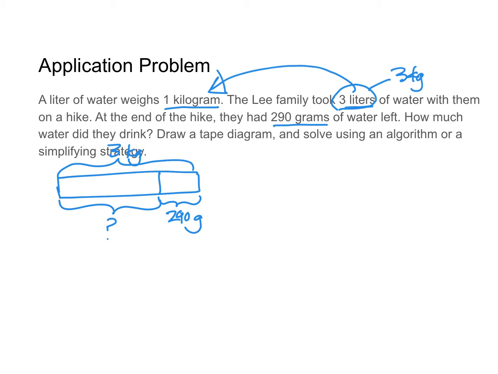And I know that 1 kilogram is equal to 1,000 grams. So if I've got 3 kilograms, I've got 3,000 grams. I've got to subtract the 290 grams that they have left in order to find out how much they actually drank. So here we are. We're going to regroup.